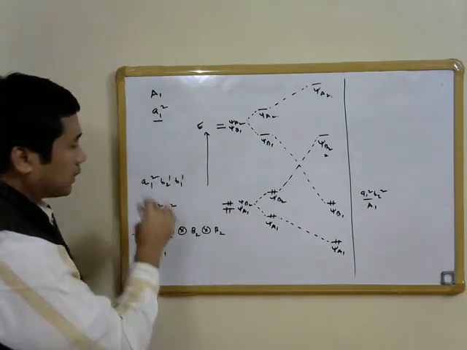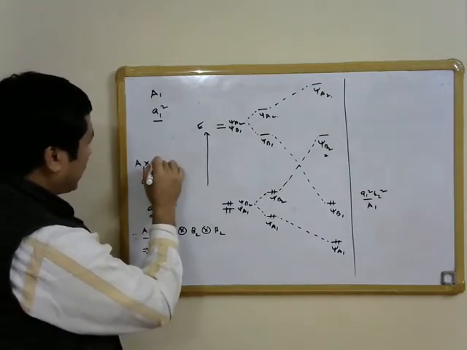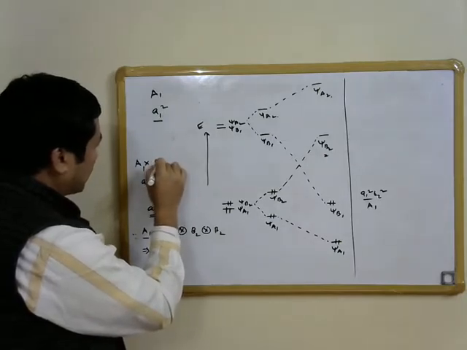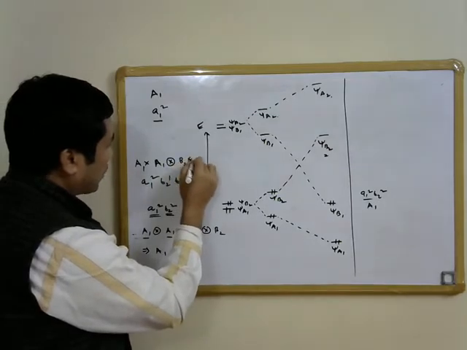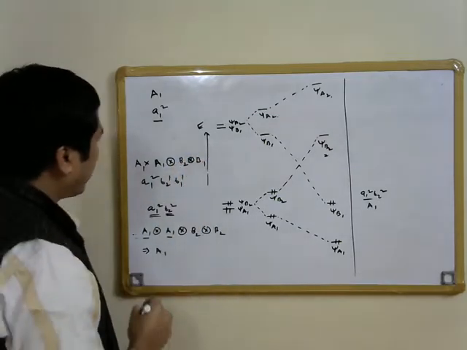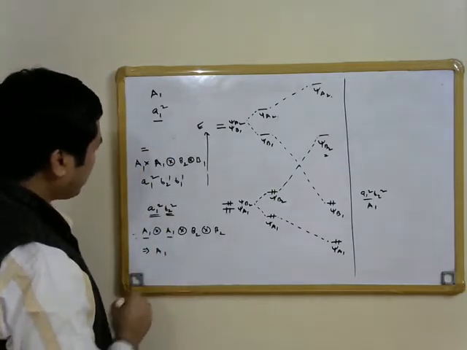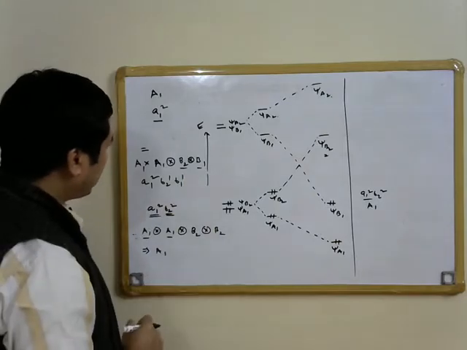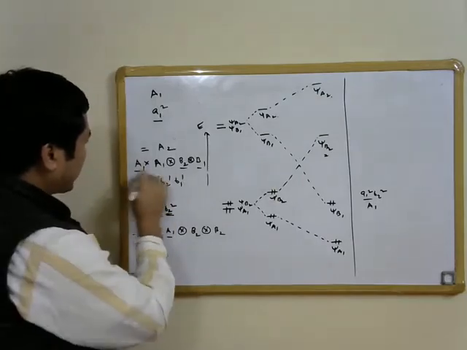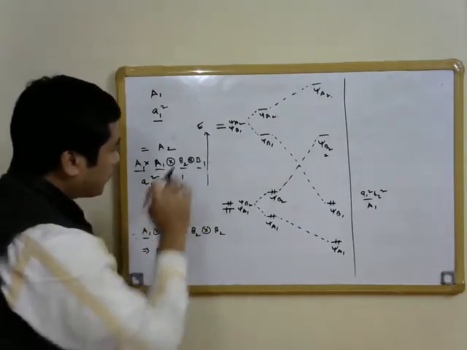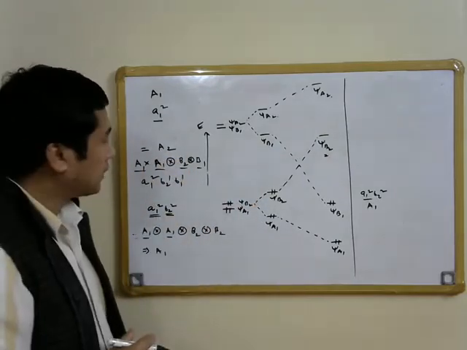If we find out the symmetry of this electronic configuration, that is A1 cross A1 cross B2 cross B1, the answer is going to be: B2 into B1 is equal to A2 essentially, because A1 into A1 is A1, B2 into B1 will be equal to A2, and A1 with A2 will again give us the answer A2.